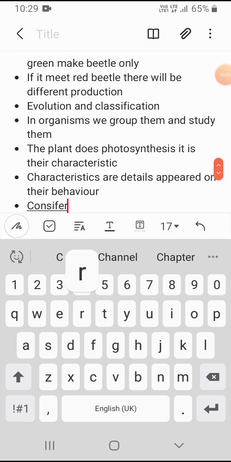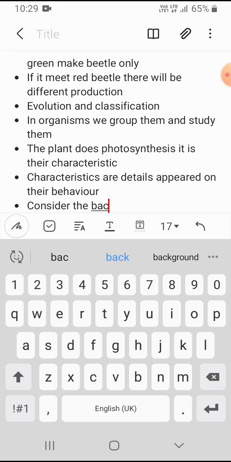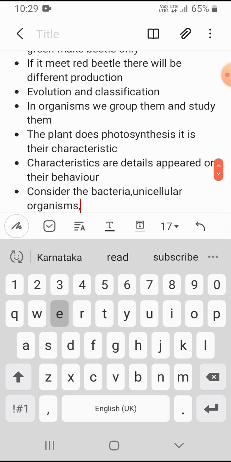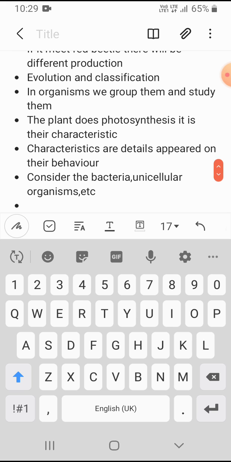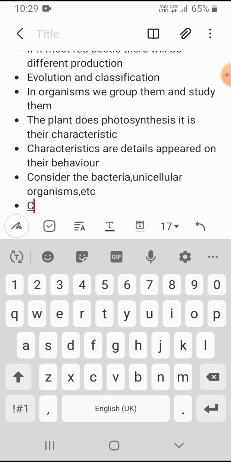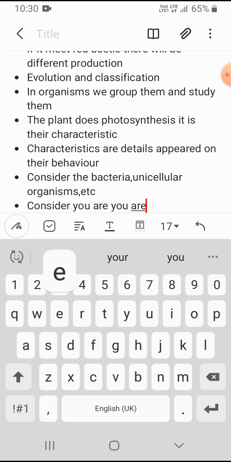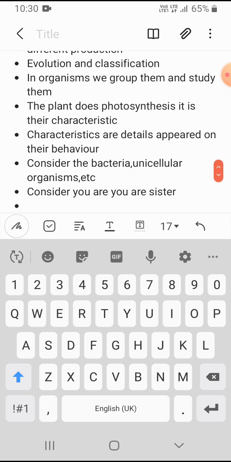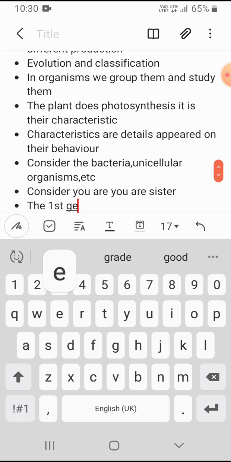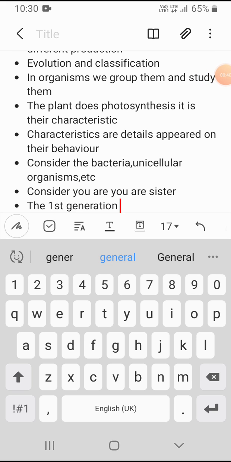Now consider bacteria. There are different organisms like bacteria, unicellular organisms and other organisms present in our environment. So what means, consider you and your sister are there. The first generation of your family is your ancestors.